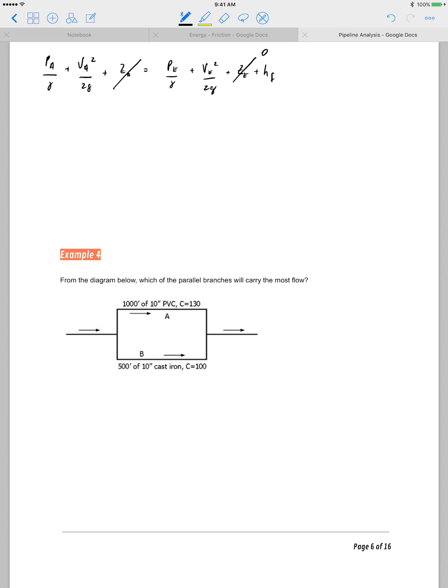And between A and E, we're assuming, because we haven't been told otherwise, that the diameter is the same. If the diameter is the same, then the velocity heads cancel one another out.